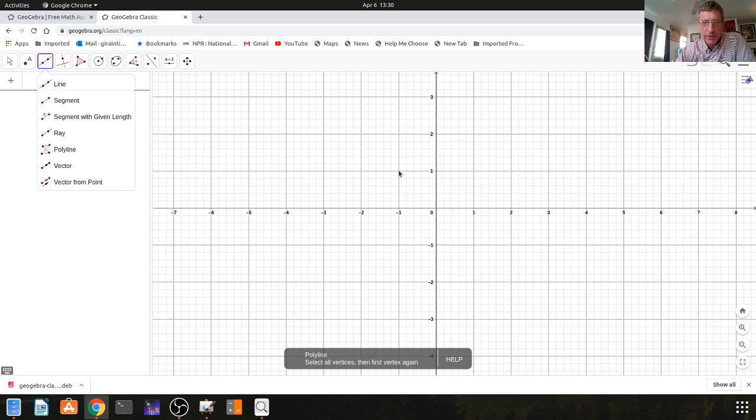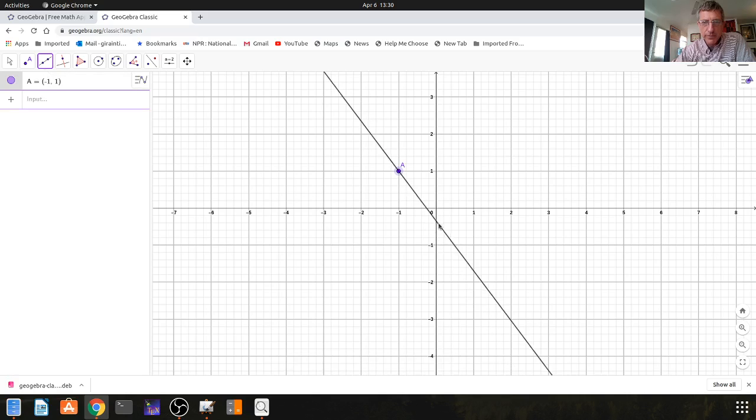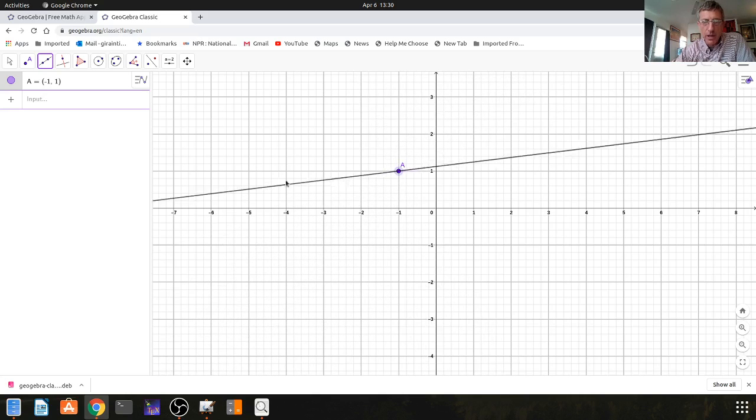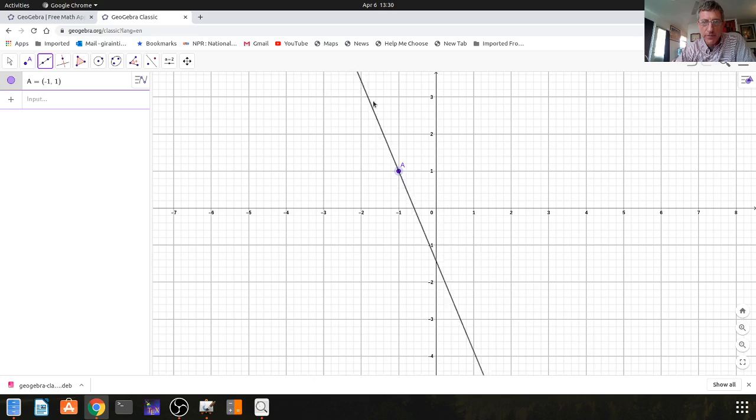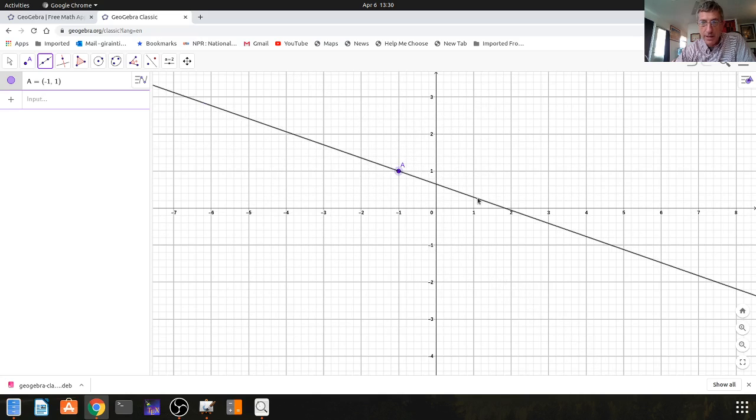So first, here is 1 point. Notice that it draws a line. And through a single point, this is going to be important later on, there is an infinite number of lines that you can draw. So a single point does not define a line.